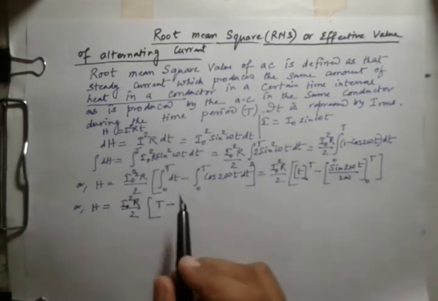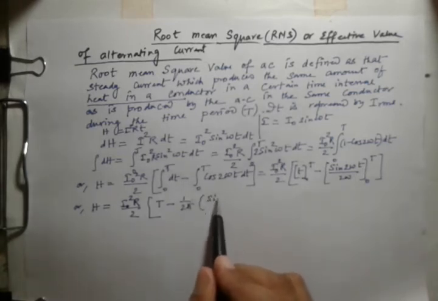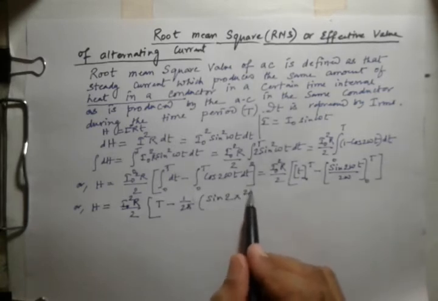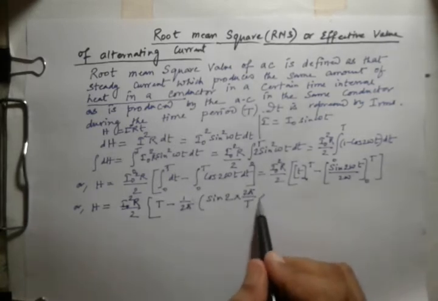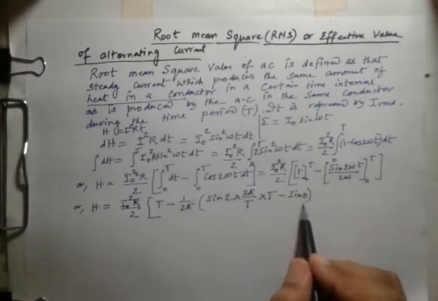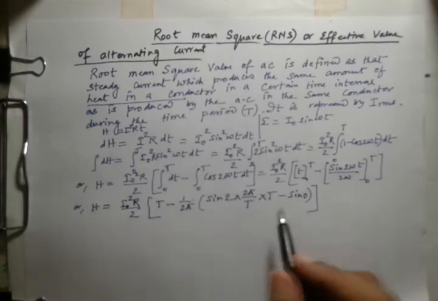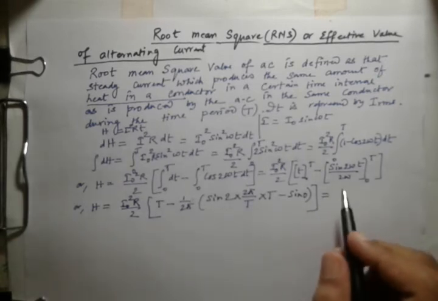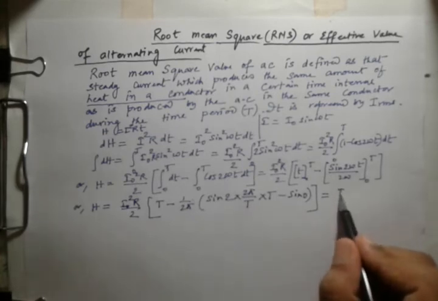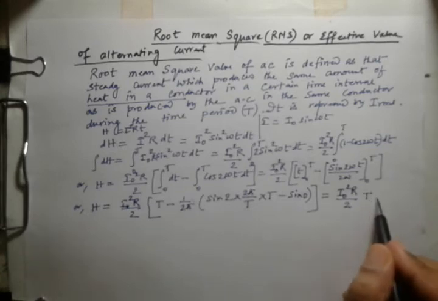You put the value, you can write 1 by 2 omega, sine 2 into 2 pi by T into T minus sine 0. So this one is 0, completely it comes 0, because sine 4 pi is equal to 0. So we'll get I naught square R by 2 into T.